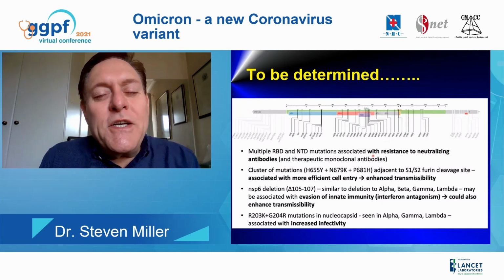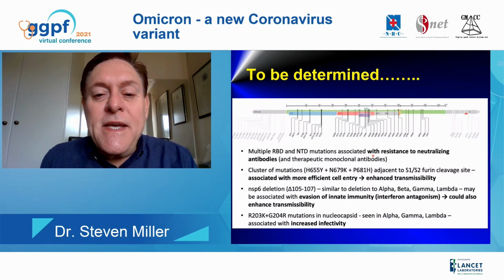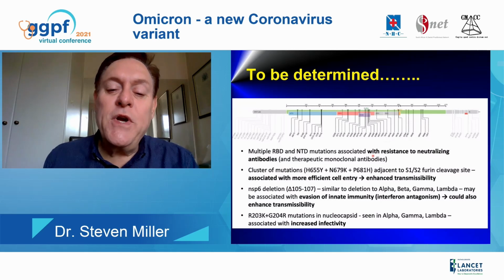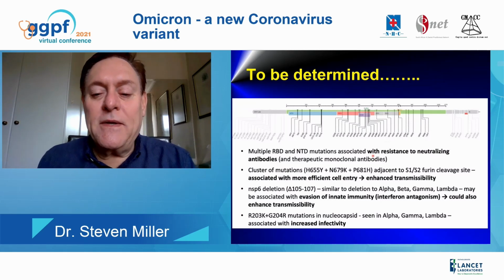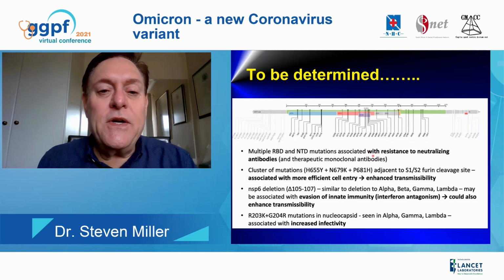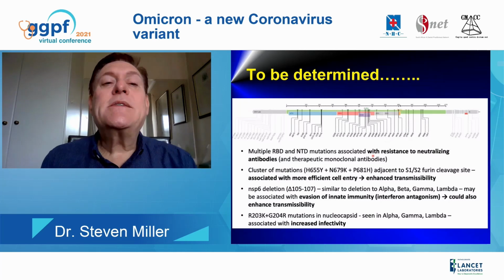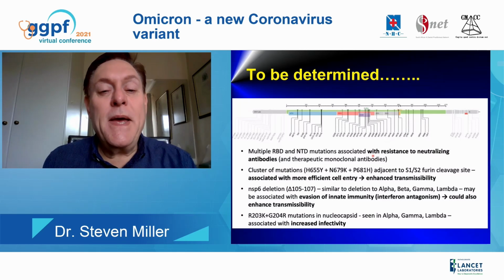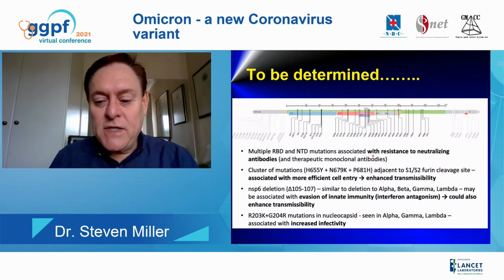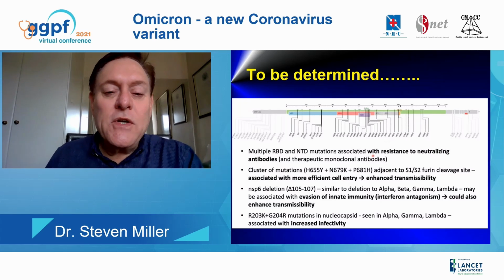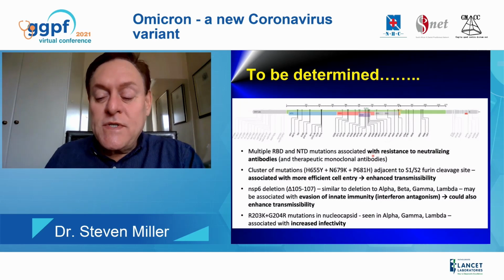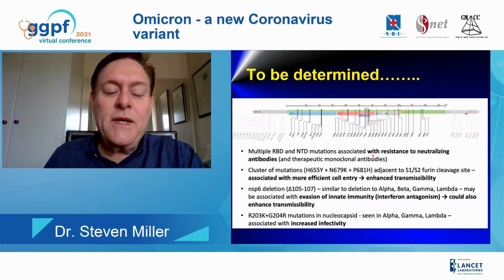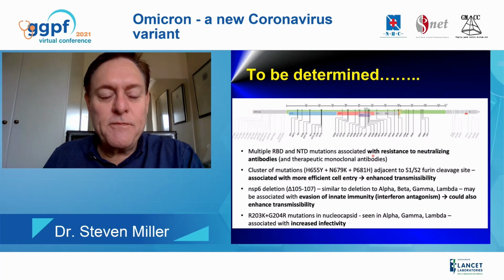So from information we've gleaned from seeing certain mutations in previous variants, the so-called alpha, gamma, lambda, and delta variants that have arisen, we have concerns that some of these behaviors may be present in the new variant, but as yet it's speculative, it needs to be determined, and those experiments are currently underway in many laboratories across the world.